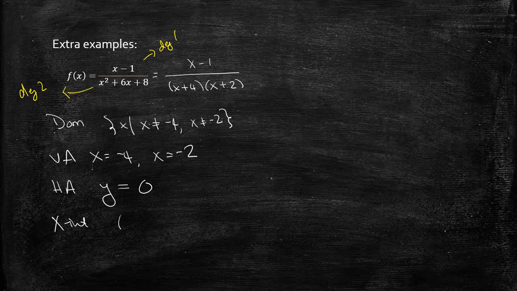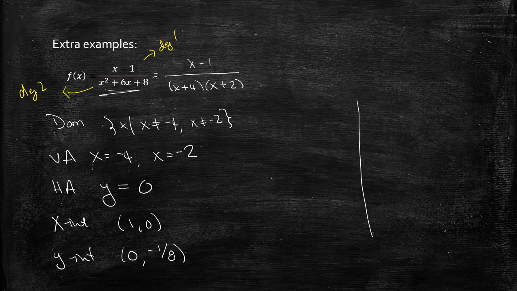So the x-intercept is when the numerator is 0, so that's the point (1, 0). The y-intercept will be (0, -1/8). I was looking here at the original, let x equal 0, and we'll get -1 in the numerator and 8 in the denominator. Okay, quick sketch of the graph.